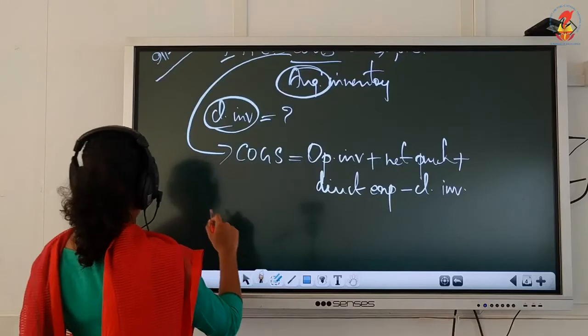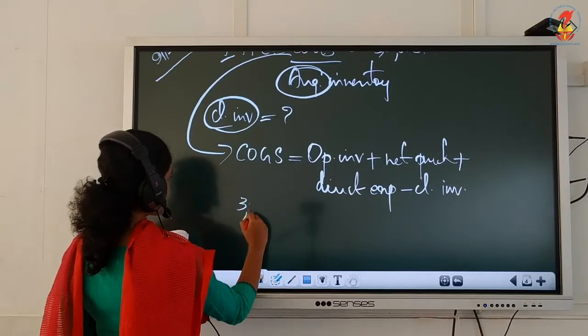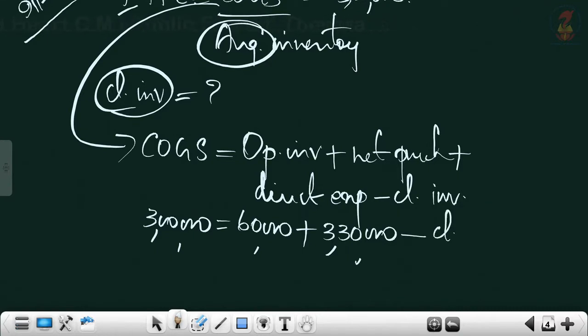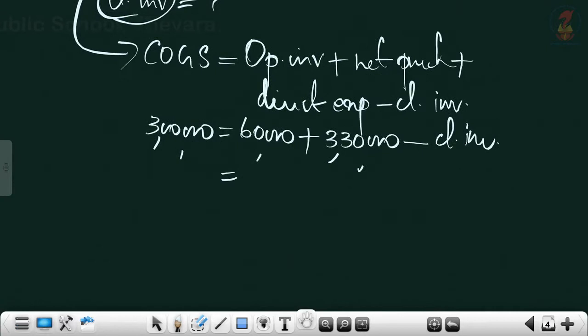For that, cost of goods sold is directly given, 3 lakhs, which is equal to opening inventory, 60,000. Purchases here is actually net purchases, that is total purchases minus purchase returns or returns outward. That figure is not there, so you can directly take purchases value 3,30,000. There is no direct expense in the question, minus this is what we need, closing inventory. So just take this cost of goods sold 3 lakhs to the opposite side.